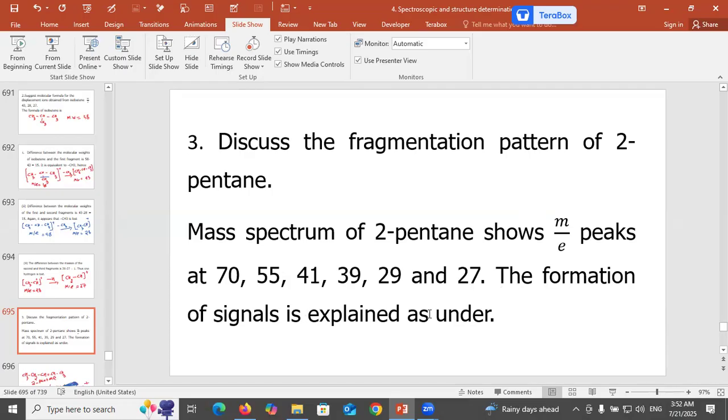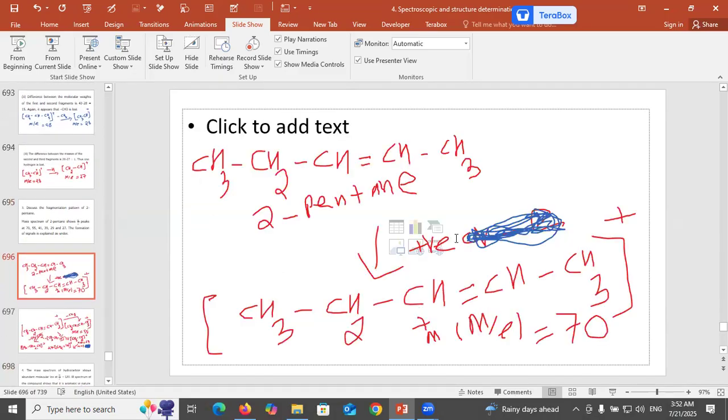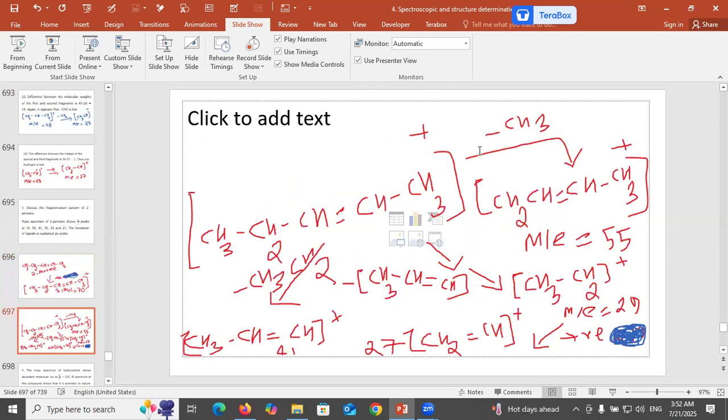The formation of the signals is explained as under. 2-pentene, 70, minus CH3, m/e 55, minus CH2CH3, 41, minus CH3CH double bond CH, 29, CH2 double bond CH, 27.